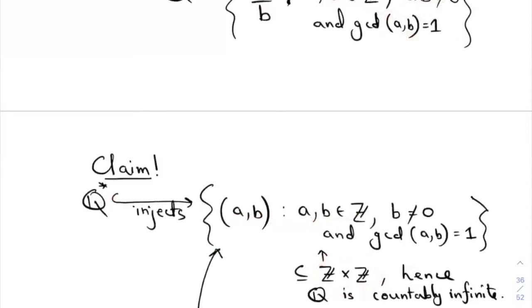And Z is countable, which means that Z cross Z, as we have just shown, is also countable. And this being a subset of a countable set will also be countable. And Q injects into it.